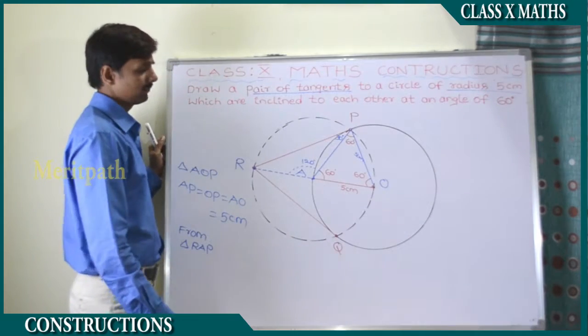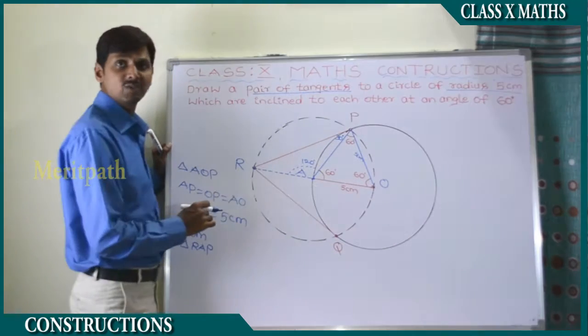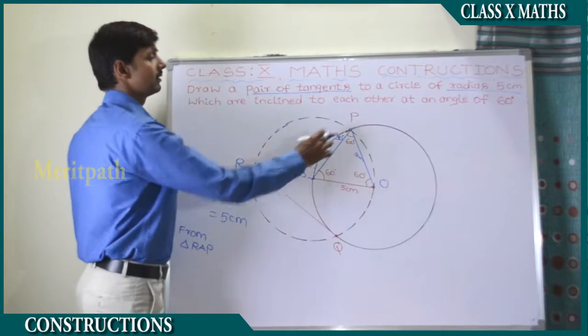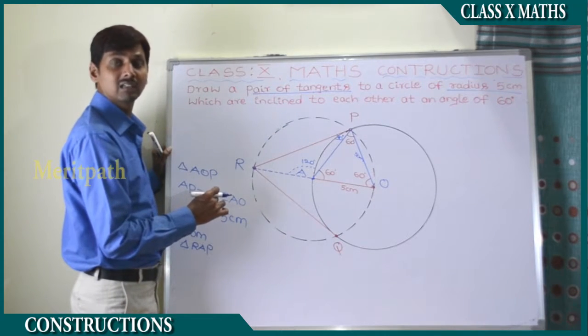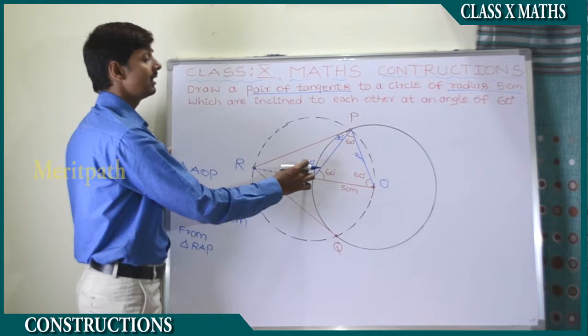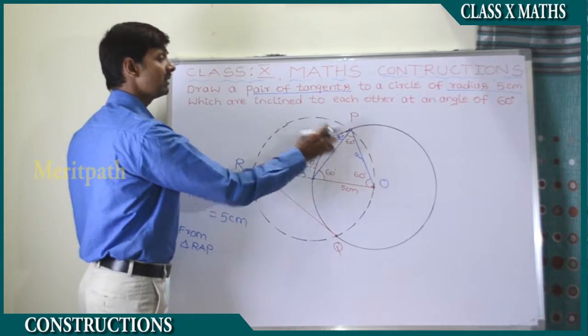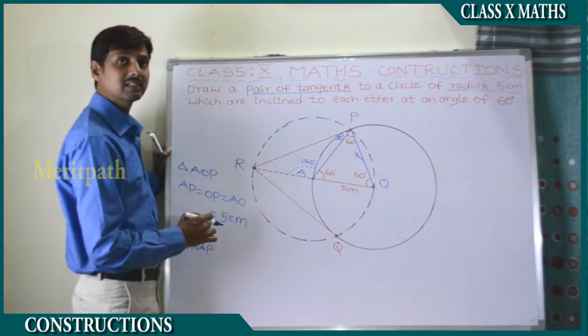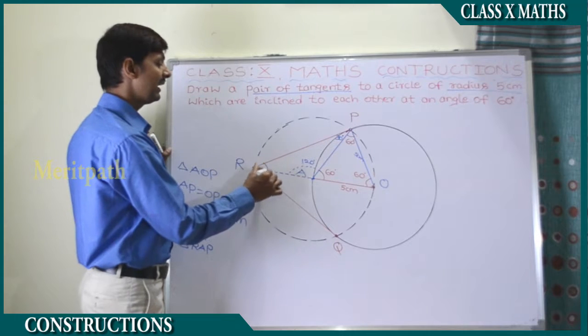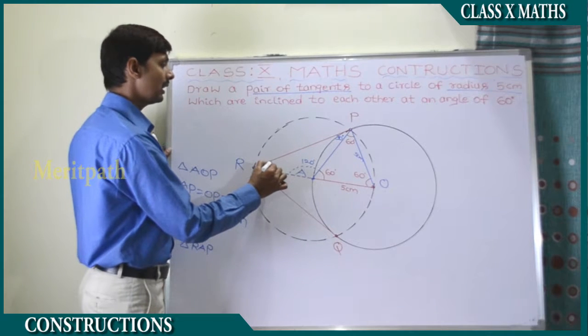We know that using the property of a triangle, the sum of three angles of a triangle is 180 degrees, then 120 plus 30 is 150, the remaining angle will be 30 degrees.